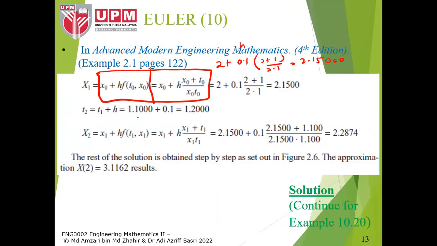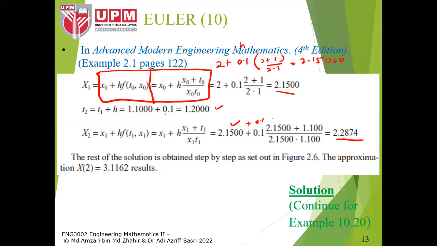So in order for you to get t2, increasing from 1.1 by h of 0.1, it becomes 1.2 here. So then the next value is the previous value x1, which is 2.15, plus what is h? Our time step h is 0.1. Okay, what is x1? x1 is the previous value, which is 2.15, plus the previous t1, 1.1, divided by 2.15 times 1.1.